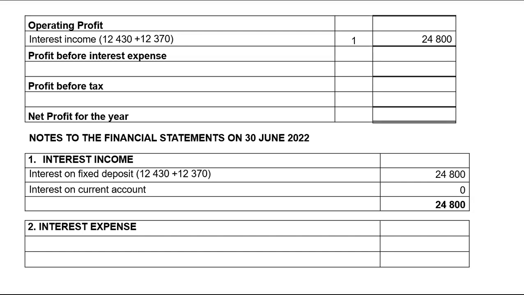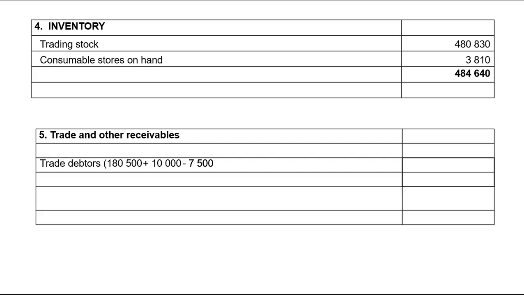So accrued income is a current asset, as I specified. Current assets are recorded in trade and other receivables. So we're going to record it there as accrued income. Let me just conclude this slide.